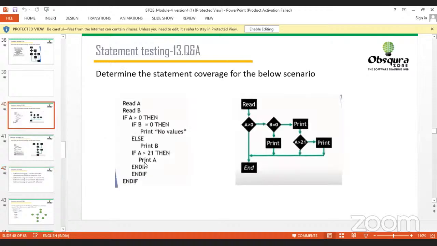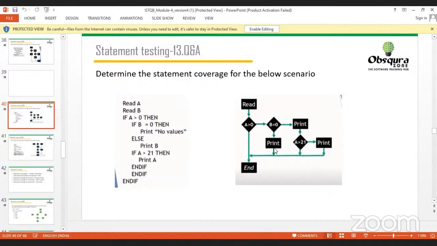1 plus count of else means, how many else statements are there? How many else can you see here? Only one else, right? So 1 plus 1, that is 2. So we have derived the same answer, right? It is 2 paths.